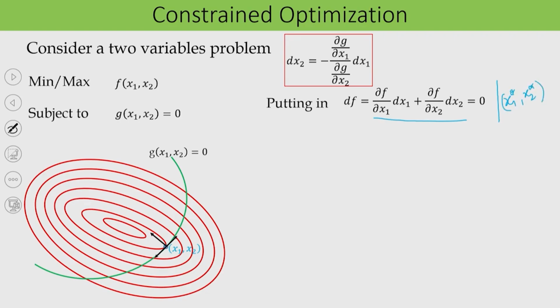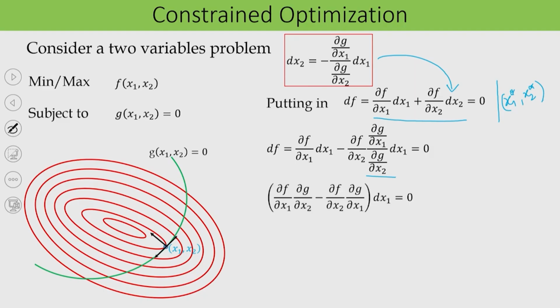This is the total derivative of the objective function, and if I replace dx2 using this equation, I get the total derivative equal to del f by del x1 dx1 minus del f by del x2 into the negative of del g by del x1 divided by del g by del x2 dx1.